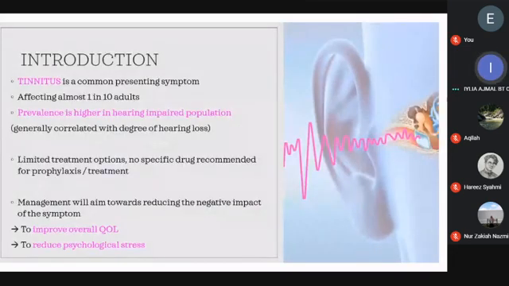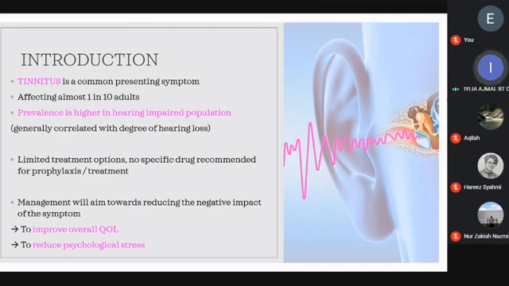So tinnitus is a very common presenting symptom. You will see quite a number of adults presenting with tinnitus, and the prevalence is higher in those with hearing impairment, those with hearing loss. For now, there's no medication that we can prescribe to the patient to reduce or treat tinnitus.